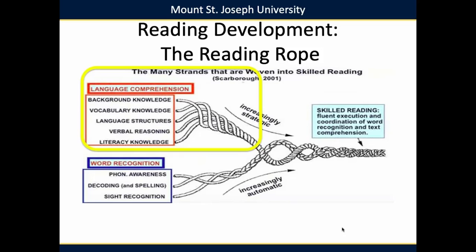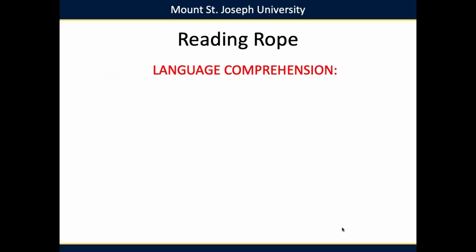These skills develop independently and interdependently and are woven together over time in a strategic manner to produce skilled reading. Each strand maintains its integrity as it is woven together. Note that skilled reading is defined as fluent execution and coordination of word recognition and text comprehension. Let's briefly explore each of the component skills in the language comprehension strand.